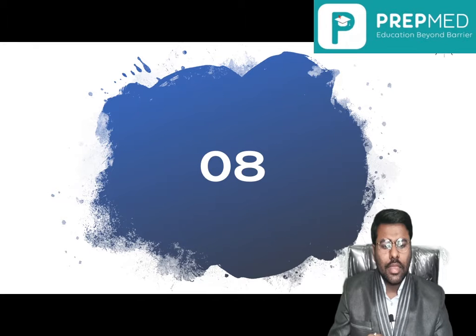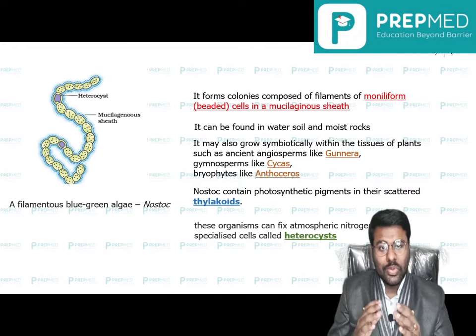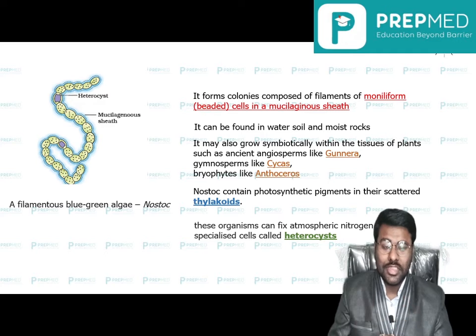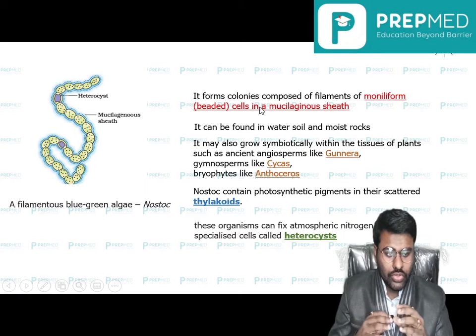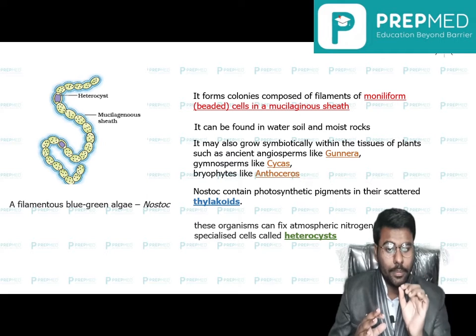When you see this image, this is the most interesting image of NEET or AIIMS. You can clearly notice this is an image of Nostoc, a filamentous blue-green alga. You can find some heterocysts and a mucilaginous sheath. It forms a colony composed of filaments of moniliform or beaded cells.